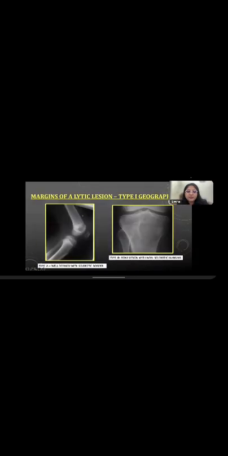A margin which is irregular, ill-defined, and eccentrically located lesion is classified as 2, whereas a permeative lesion or moth-eaten appearance is given as class 3 according to Lodwick's classification.